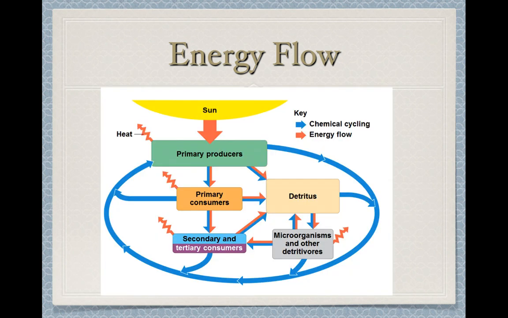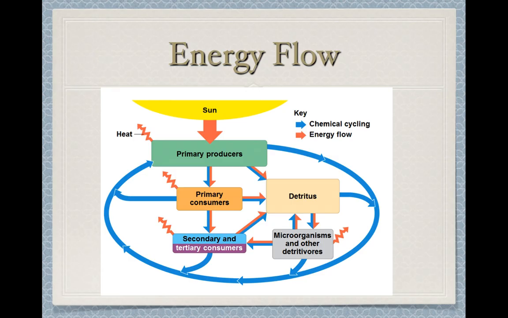If you take a look at the big picture, you can see, if you follow the red versus the blue arrows, that your energy is really going to flow in one direction. It's going to go from the sun, and we're going to lose a little off as heat every level. That energy is going to flow from primary producers to primary consumers, secondary and tertiary consumers, down to the detritus, which goes down into our microorganisms and our detritivores and gets cycled back a little bit.